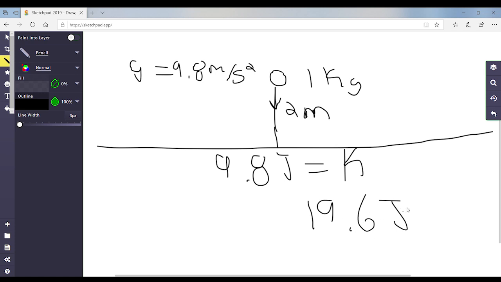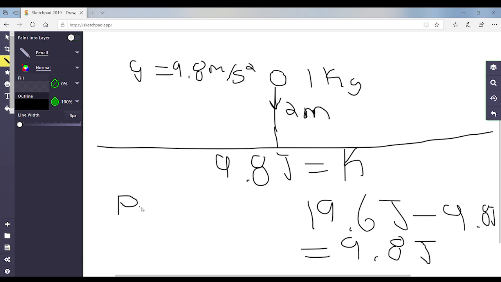So 19.6 joules minus 9.8 joules is going to be equal to 9.8 joules. So the ball in its state now has 9.8 joules of potential energy.